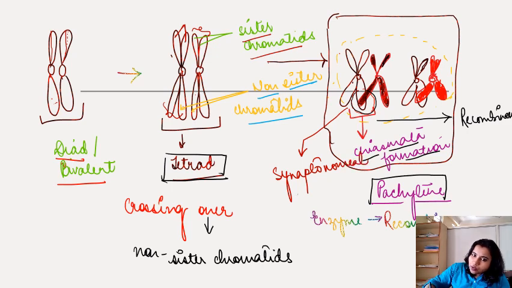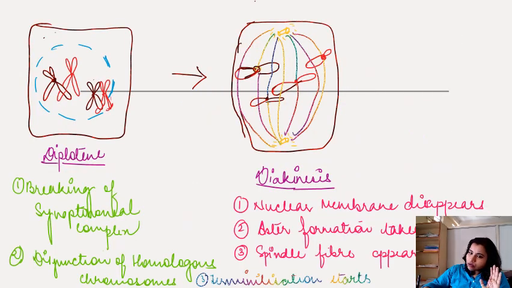So what is the synaptonemal complex? It is a complex responsible for holding the two chromosomes together so that crossing over of the chromatids takes place, right? And the crossing over is known as chiasmata formation. All these things take place in the pachytene stage with the help of an enzyme called recombinase, right? Okay, that is all about pachytene.